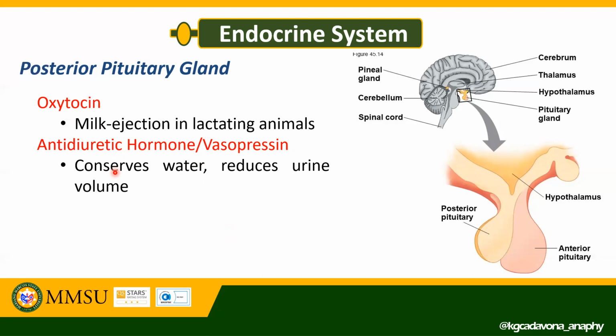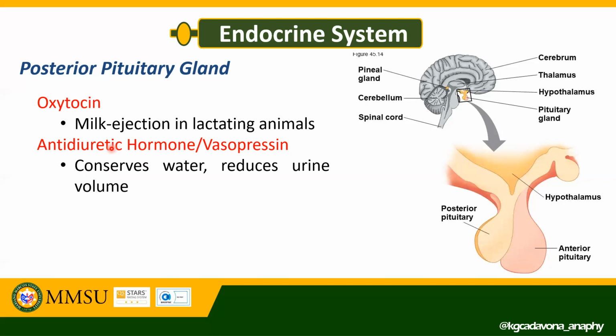So in order to produce or to eject the milk that is being produced kanina from prolactin or the luteotropic hormone, this oxytocin induces the contraction ng kanyang target cells and organs, which are the smooth muscle fibers sa mammary gland ng animal, and as well as in the uterus.